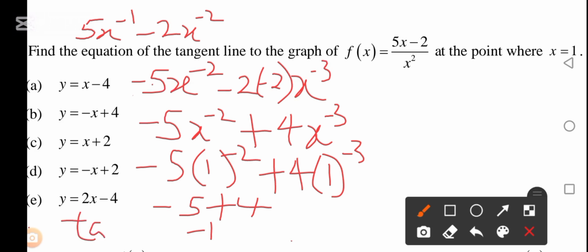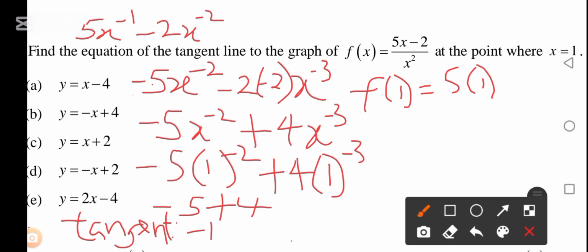We're still going to make use of the tangent, which is negative 1. Now let's come back to the function and see what we have as f of 1. When we substitute 1 into the function, that is 5 into 1 minus 2 over 1 squared. When we simplify, 5 minus 2 is 3, and 3 over 1 is 3.